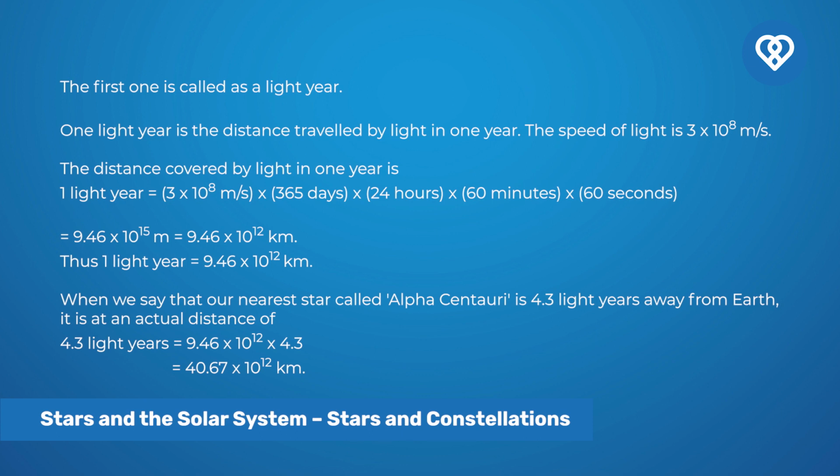When we say that our nearest star called Alpha Centauri is 4.3 light years away from Earth, it is at an actual distance of 4.3 light years, equal to 9.46 into 10 to the power 12 into 4.3, equal to 40.67 into 10 to the power 12 kilometer.